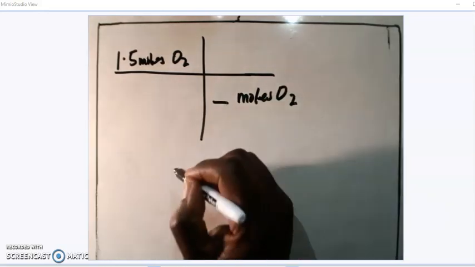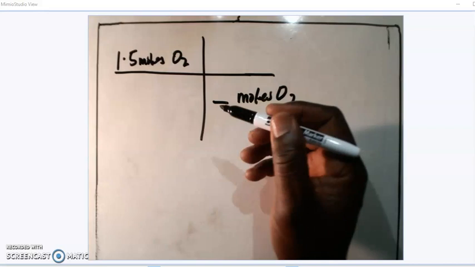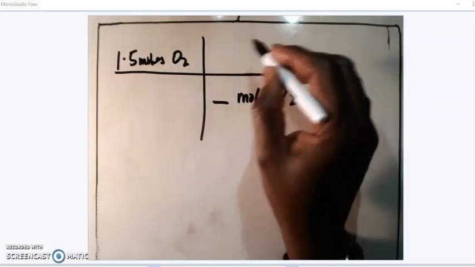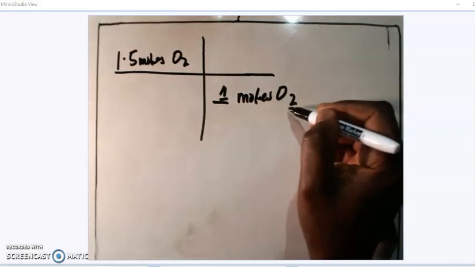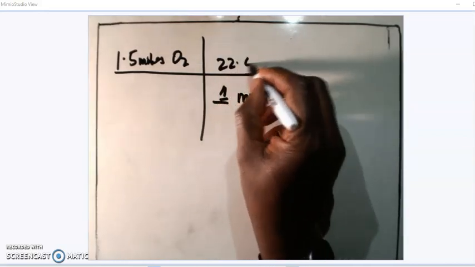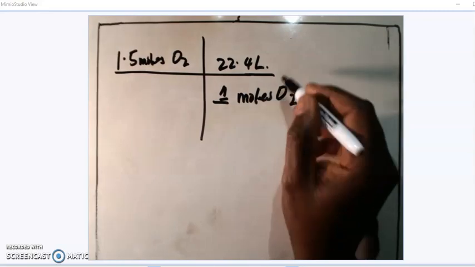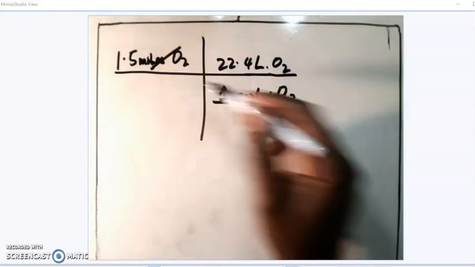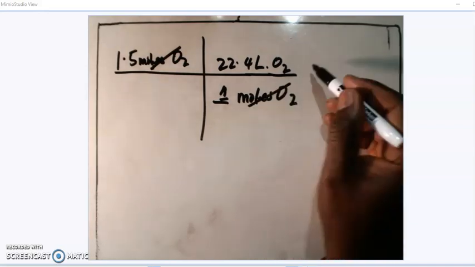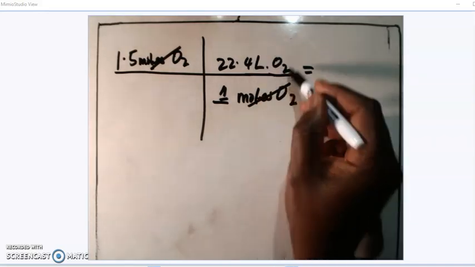So what number are you going to put here? And then what are we looking for? We're looking for molar volume. So every mole of a gas, which means 1 mole of oxygen gas, occupies 22.4 liters. So the moles of oxygen cross out moles of oxygen. Since you are looking for liters, this is our unit now.